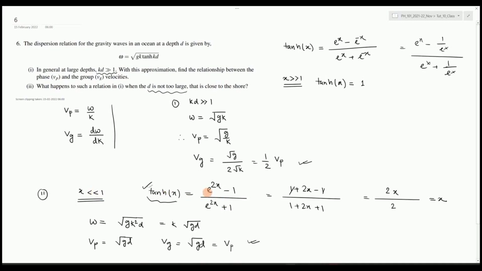Because x is very, very less than 1, e to the power 2x can be written as 1 plus 2x. So here 1 and 1 will get cancelled, so 2x remains, and below 2 plus 2x, because x is very, very less than 1, finally again I am writing 2 plus 2x to be equal to 2. Is it fine? Yes, Bhaiya. Thank you. Okay, good.